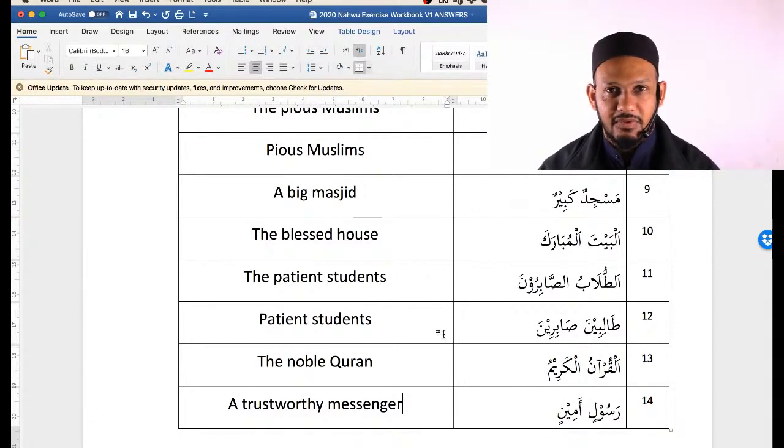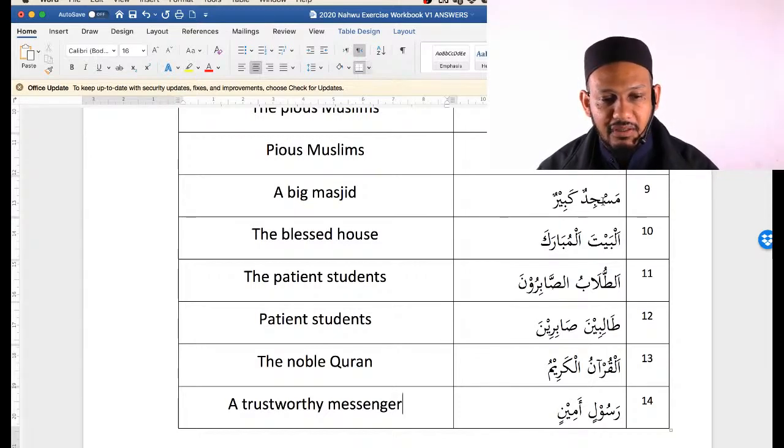You with me? It keeps you in suspense. But in Arabic, they first tell you what you're speaking about. You're speaking about a girl or a masjid or the students, and then afterwards they provide the description. You with me?